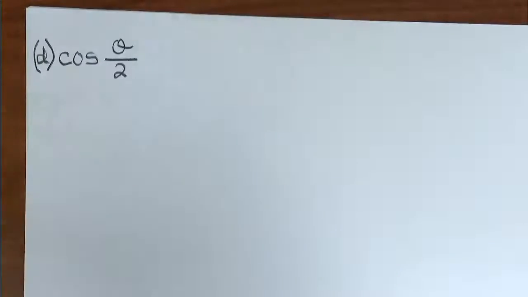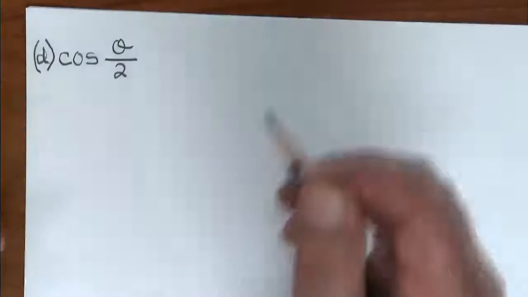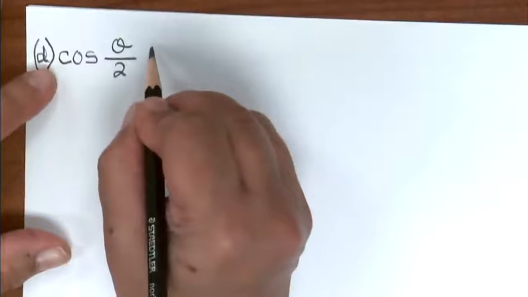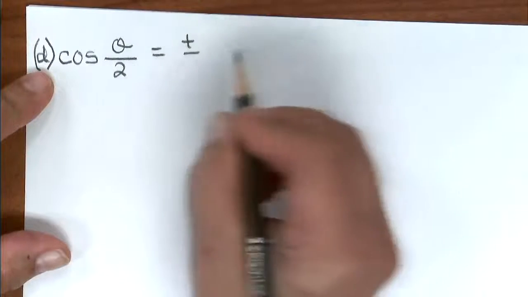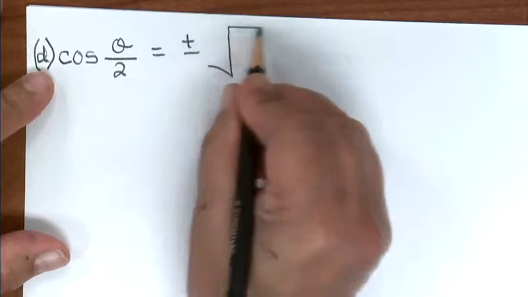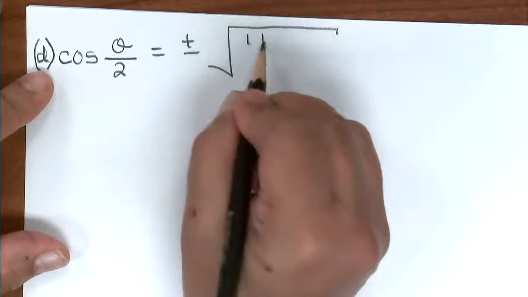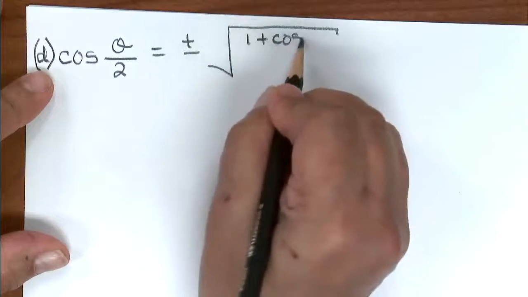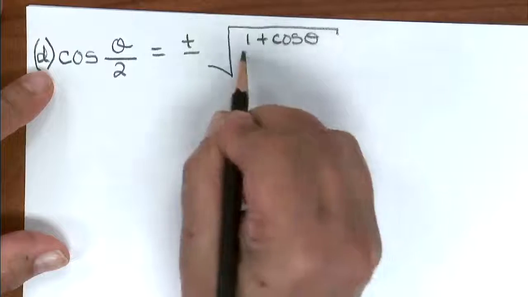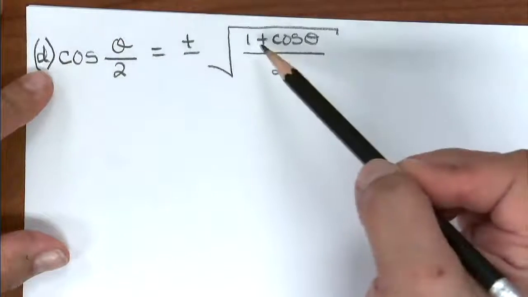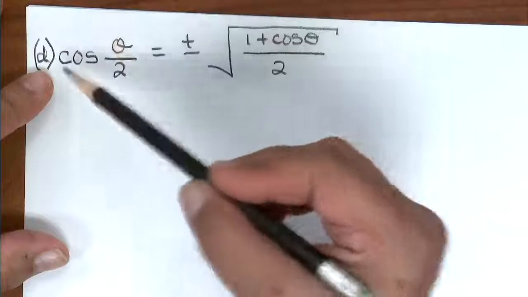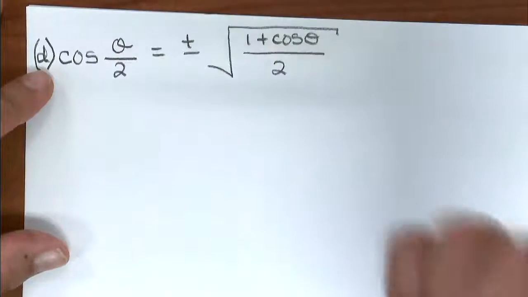Let's go grab the formula from the formula sheet. There's only one formula there, but again, it does have a plus or minus. So when you're doing sine of a half angle, it's got a minus there. And when you're doing cosine of a half angle, it's got a plus there.